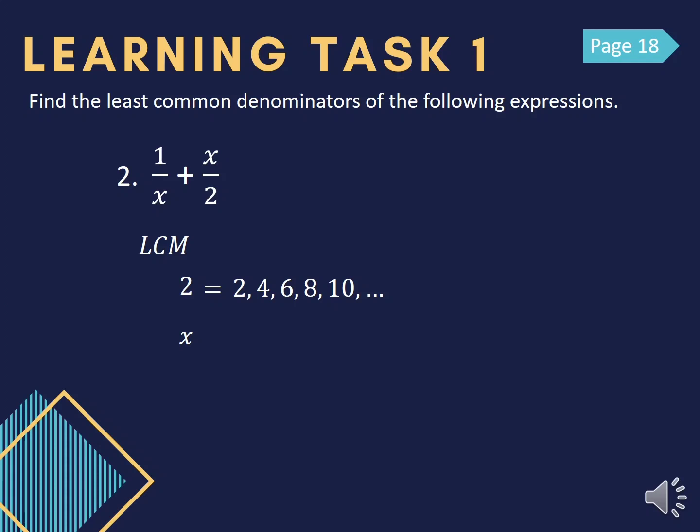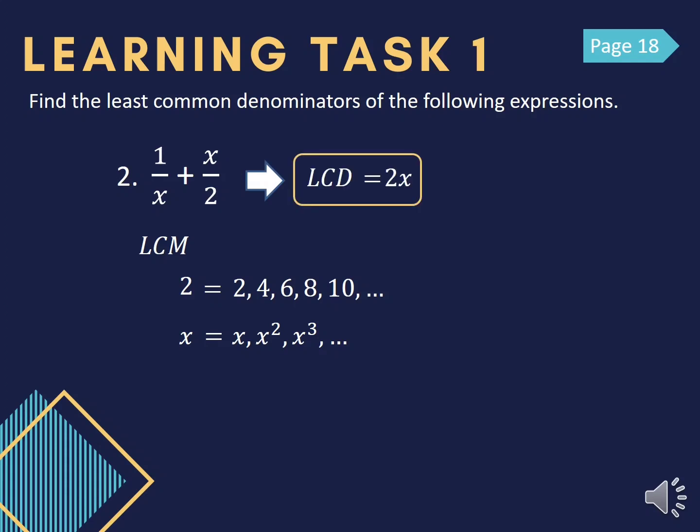While the multiples of x are x, x squared, x cubed, x to the fourth, and so on and so forth. If you notice, we will never have a chance to have their common multiples since one is a number and one is a variable. So in that case, the LCD is 2x, or we just need to multiply that number and that variable.